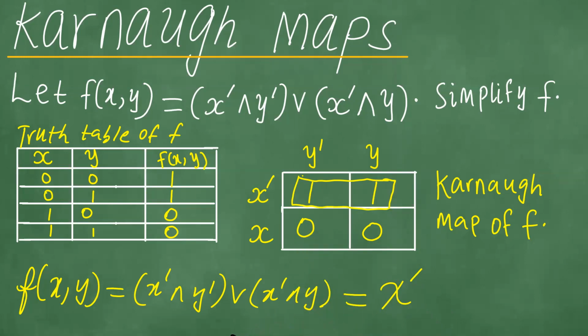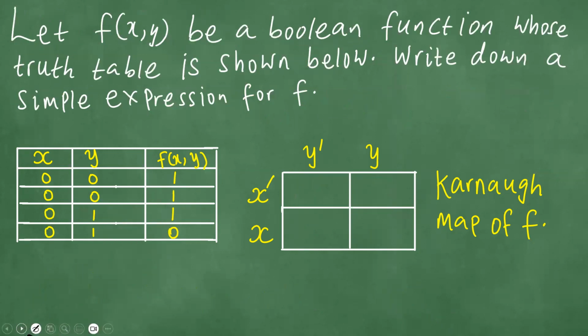Okay. And then we have simplified f. The simplification of f using what we call Karnaugh maps is only x primed. Okay, we continue to look at more Karnaugh maps.